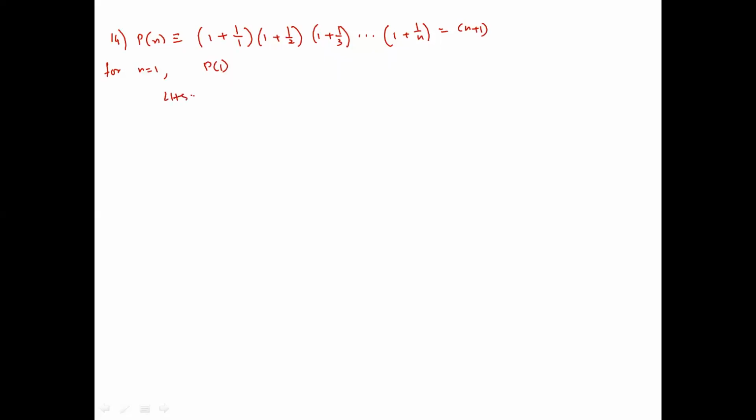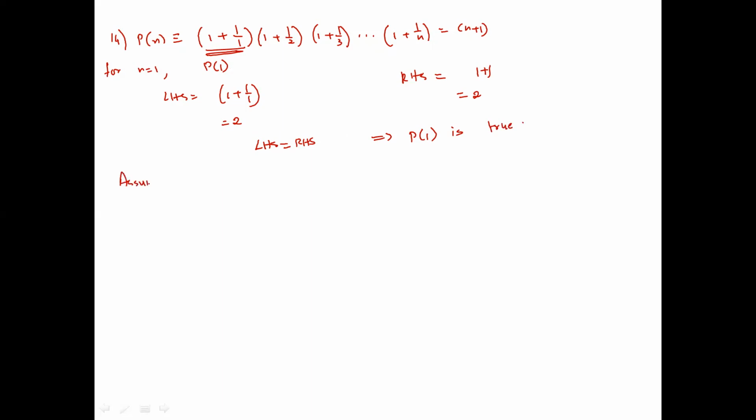First LHS is the very first term, that is 1 plus 1 by 1, which is 2. RHS, when you write n as 1, directly you will get 2. That means LHS equal to RHS. That means P of 1, we have proved that it is true.